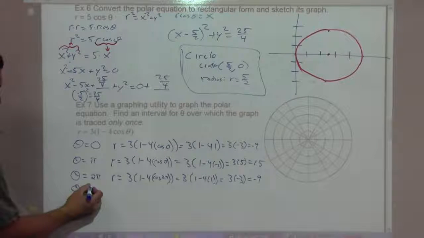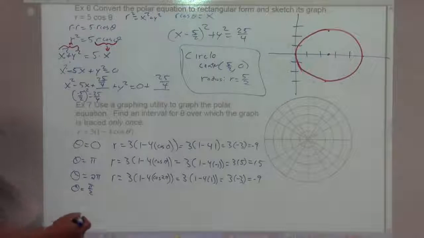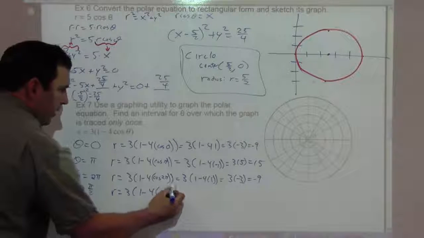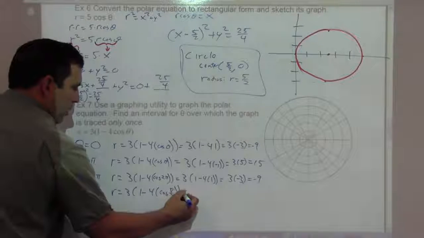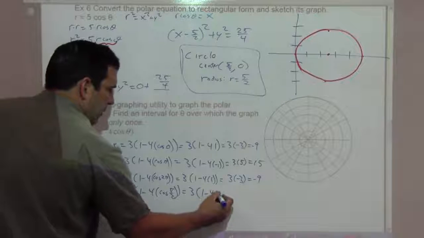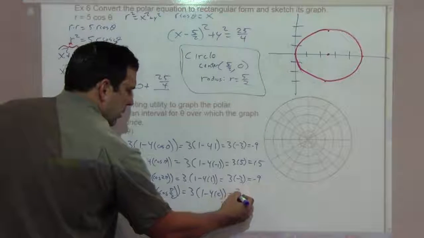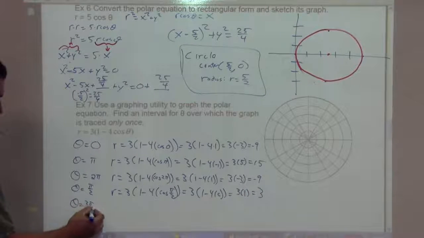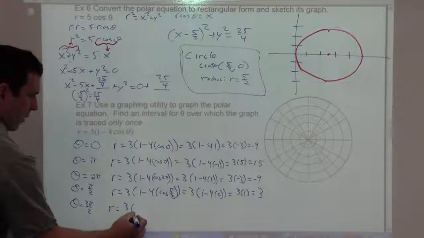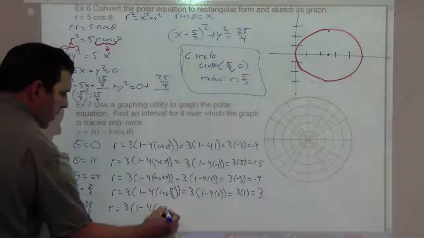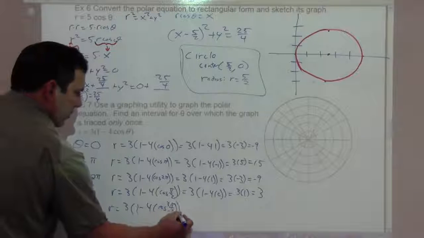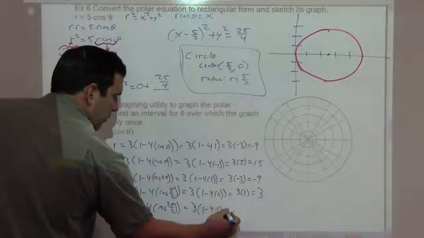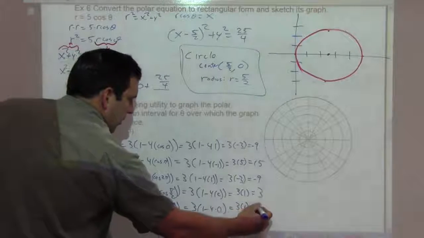Let's look at theta being pi over 2, where cosine is going to be 0. r is 3 times (1 minus 4 times cosine of pi over 2), which is 3 times (1 minus 4 times 0). That's just 3 times 1, which is 3. And for theta being 3 pi over 2, r is 3 times (1 minus 4 times cosine of 3 pi over 2), which is 3 times 1, which is 3.